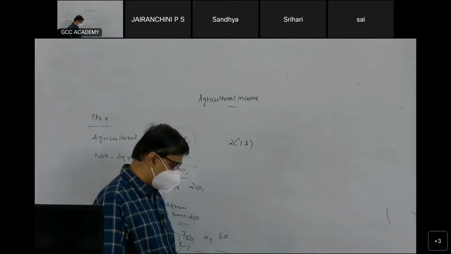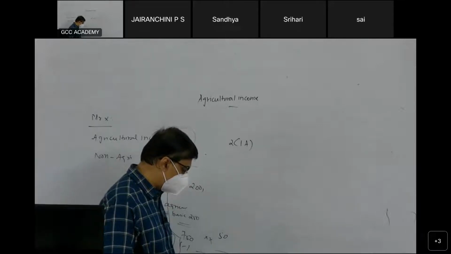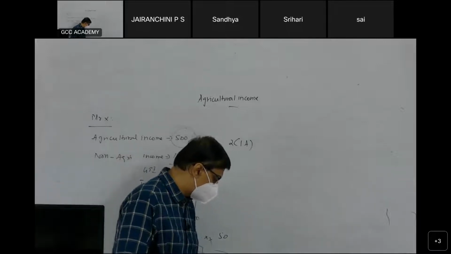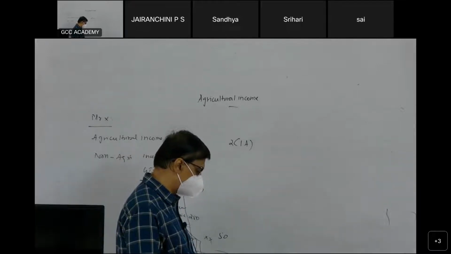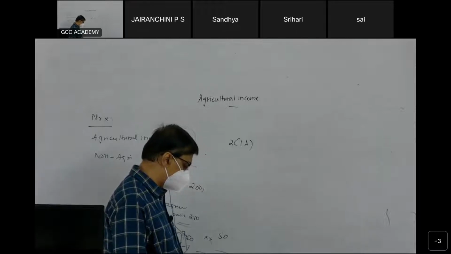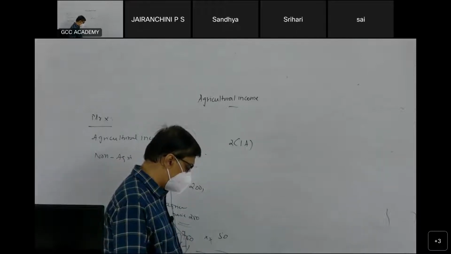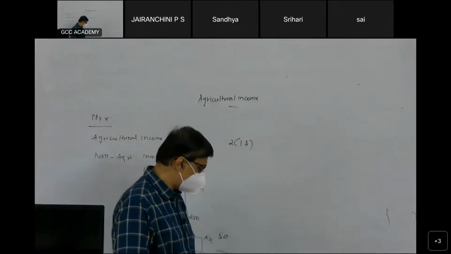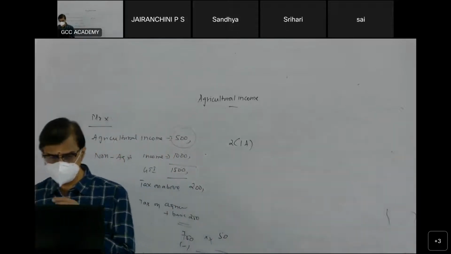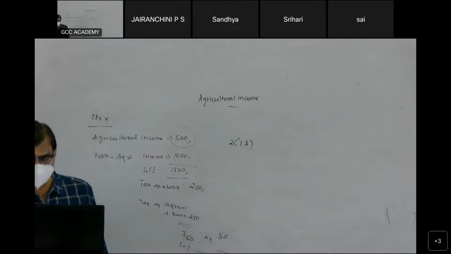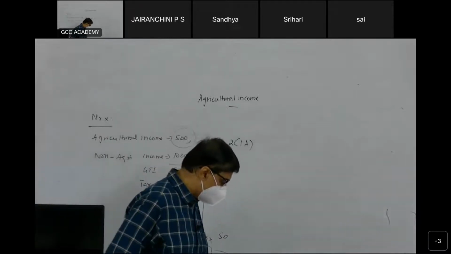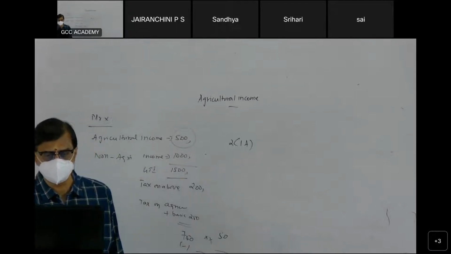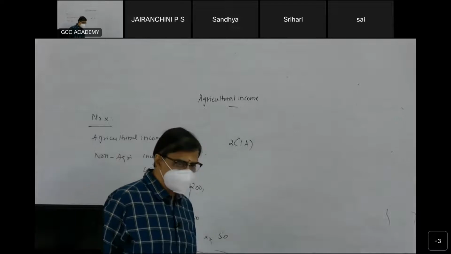The next point is any income derived from such land by agricultural operations. So underline the words agricultural operations, including processing of the agricultural produce.